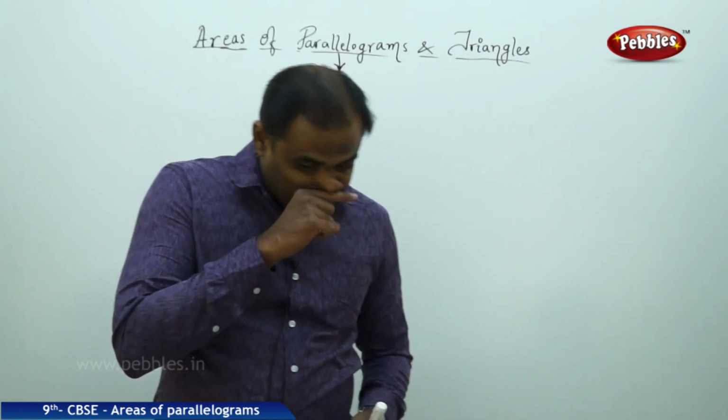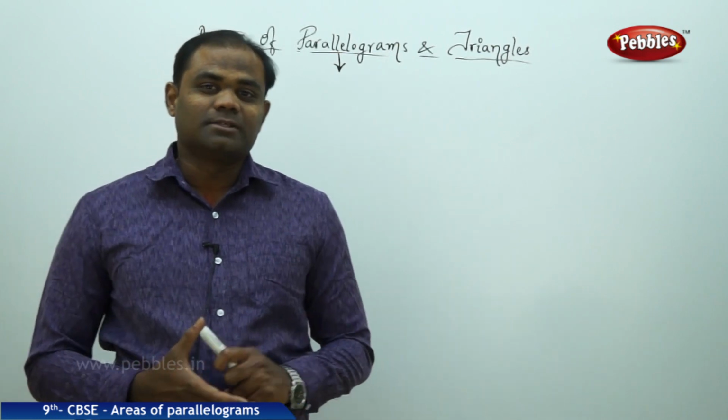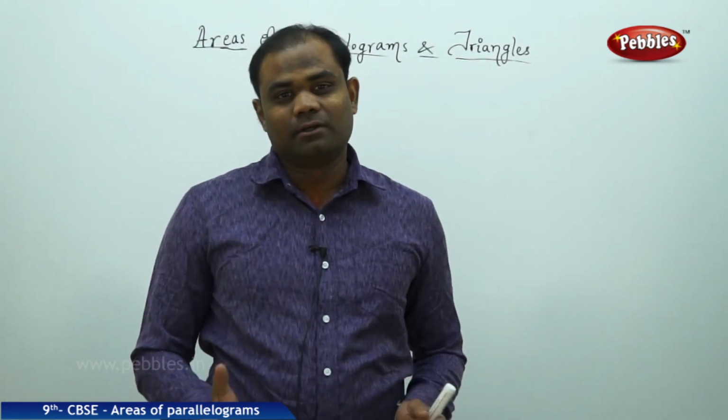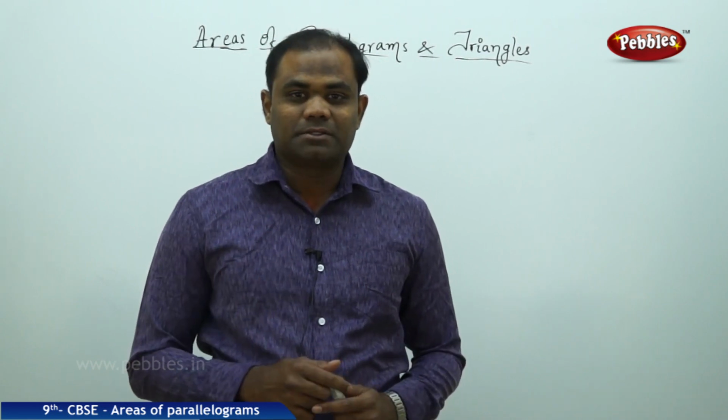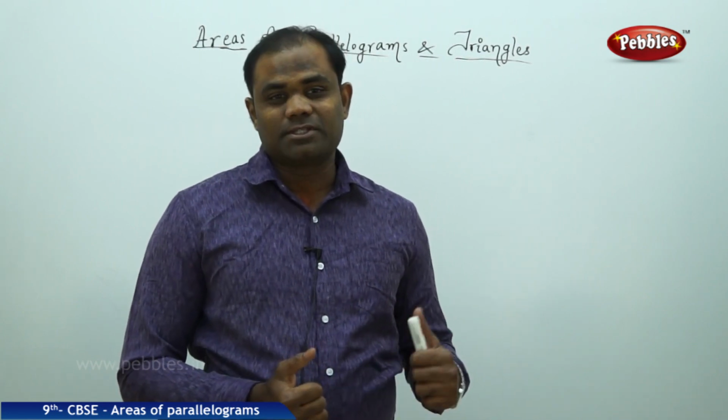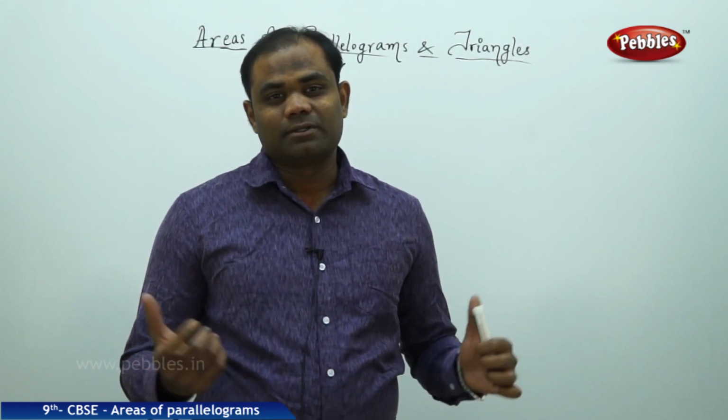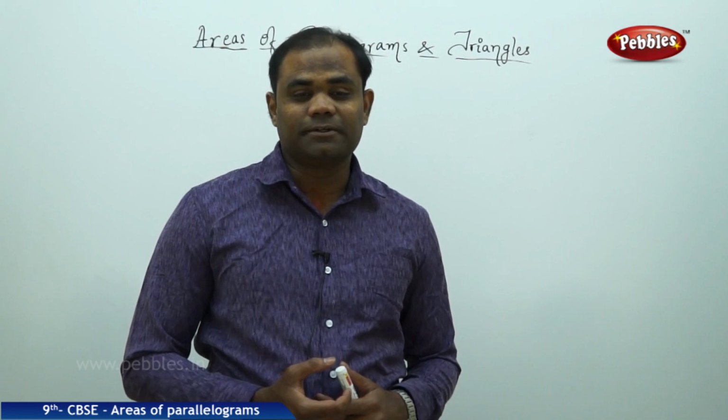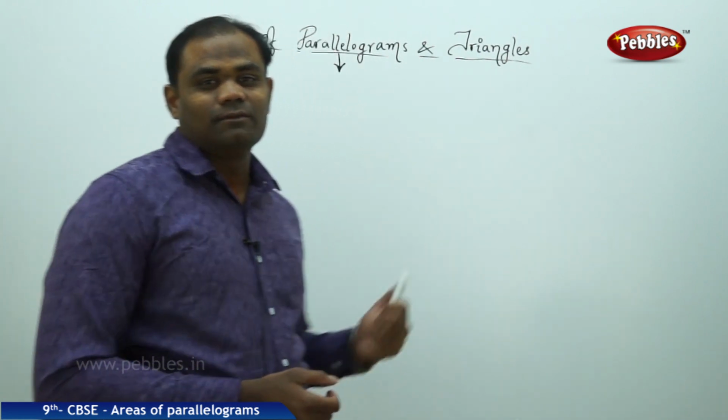That is, if I say triangles which are on the same base and which have equal area, will the two triangles lie between the same parallel lines? That is what we are going to investigate in this session.